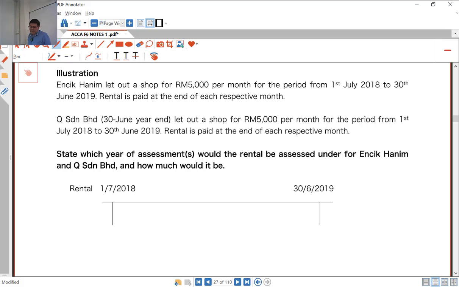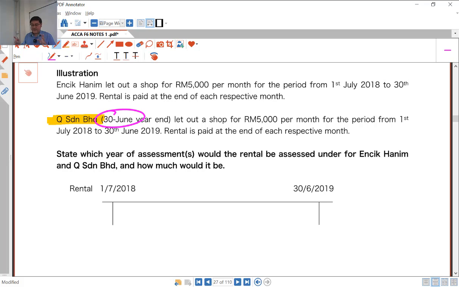Encik Hanim lets out a shop for 5,000 ringgit a month for the period from 1st July 2018 to 30th June 2019. And the rental is paid at the end of each respective month. Now, he rents out a shop, and the period is July to June. Okay? Now, I'm giving exactly the same example, but I'm just replacing it with a company that has a different year end, 30th June.